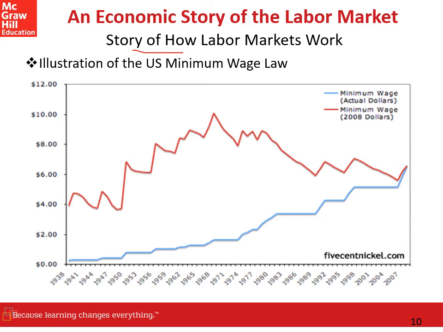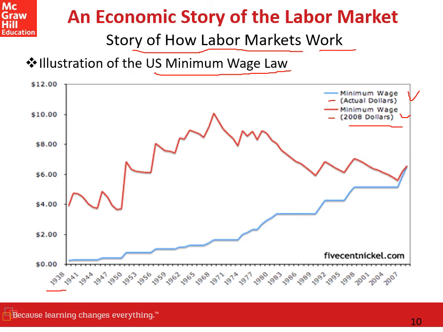So the story of how labor market works can also be illustrated by the U.S. minimum wage law. The U.S. minimum wage law started in 1938. We're going to compare the nominal minimum wage, the actual dollar, represented by the blue line, and the real minimum wage in 2008 dollars, represented by the red line.